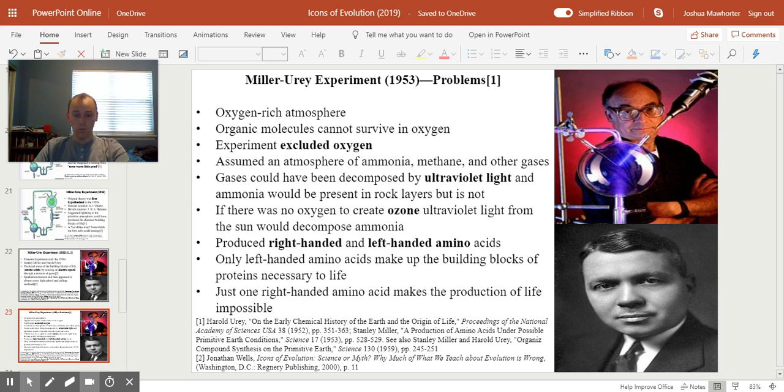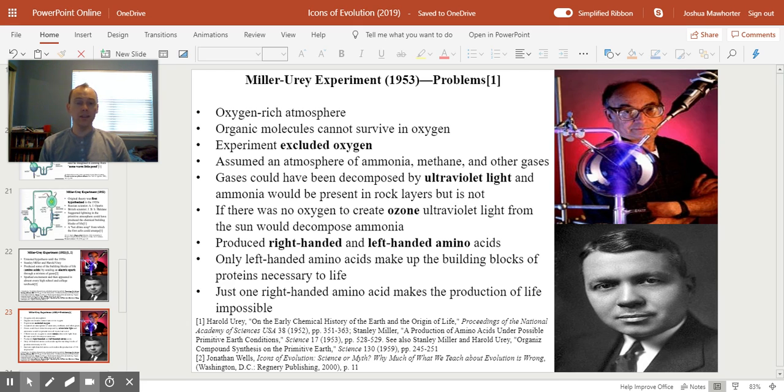Okay, so that is one problem, that they're making this assumption that there was no oxygen in the primitive atmosphere, though there's still a lot of debate over whether that was present or not in those scientific circles. They also assumed an atmosphere of ammonia, methane, and other gases.